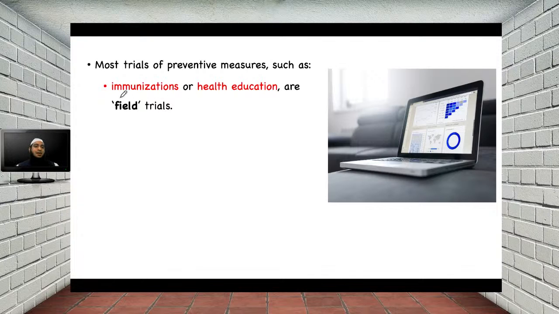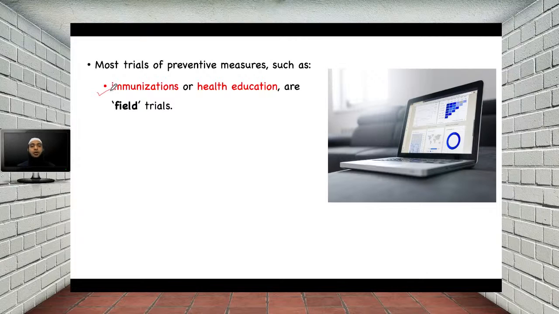Now what could be an example of immunization? Nowadays people are taking the COVID-19 vaccine. After taking the COVID-19 vaccine, you tell me, is it the right option to keep that patient in the hospital? It is not practically possible because a large number of people are being immunized.